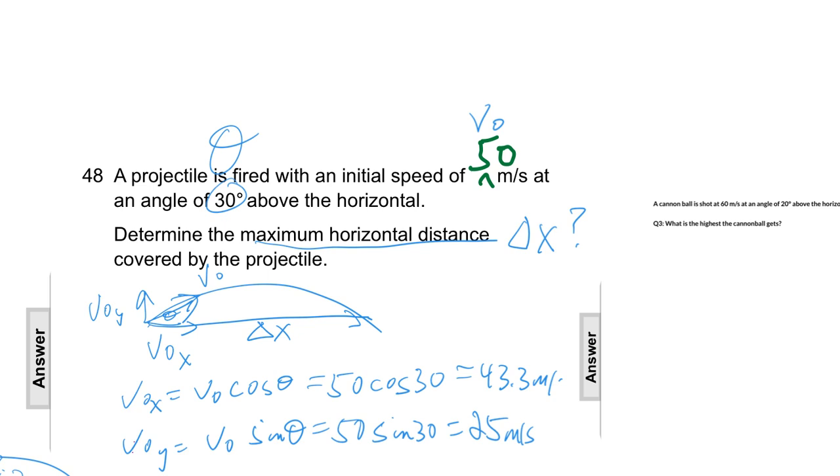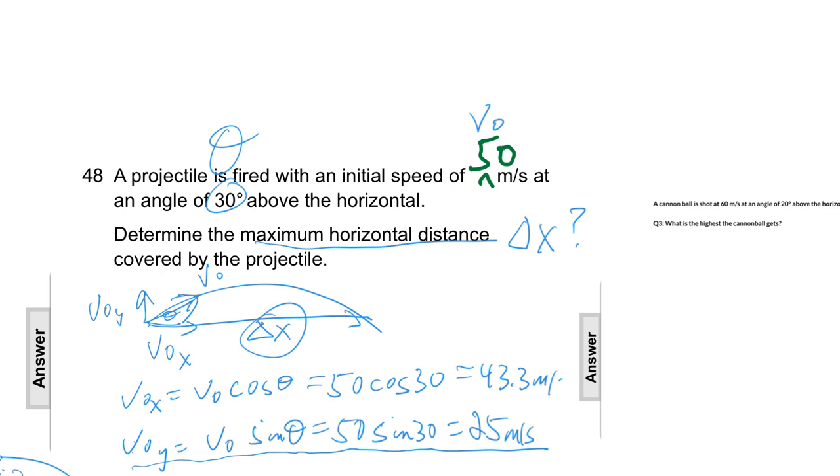And the y component of the original velocity is VO sine of theta, 50 sine of 30, which is 25 meters per second. Okay, so we're trying to solve for delta x. We really need to find time. And to find time, it's kind of a trick.